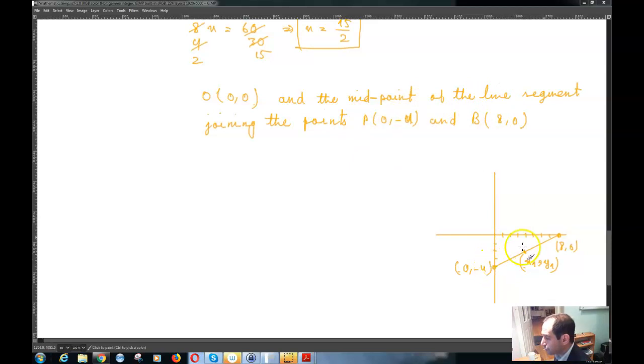Now the points over here are 0, -4 and 8, 0, and you want to find the midpoint of these 2 points.